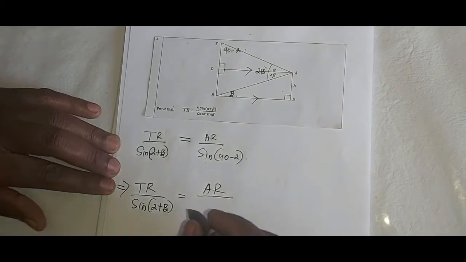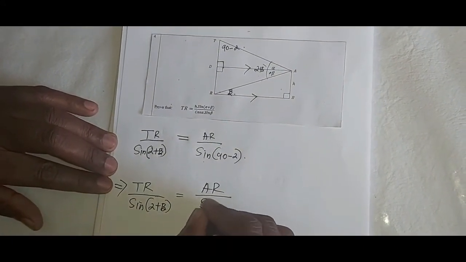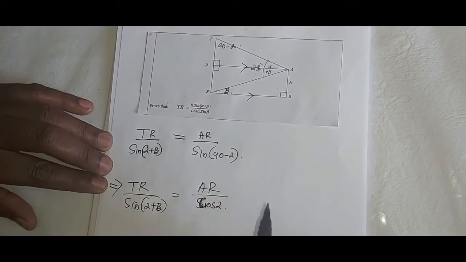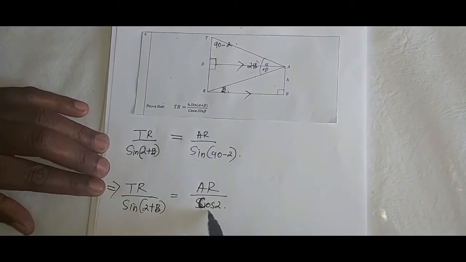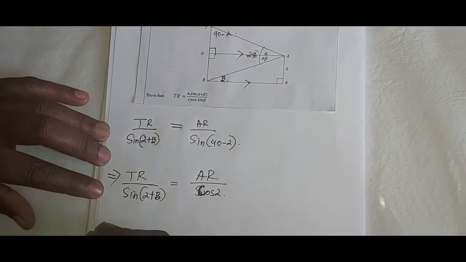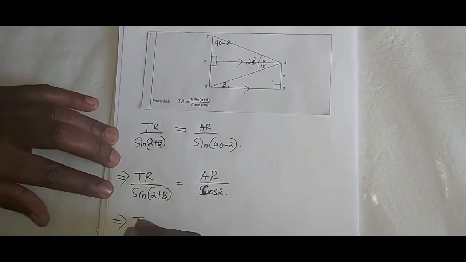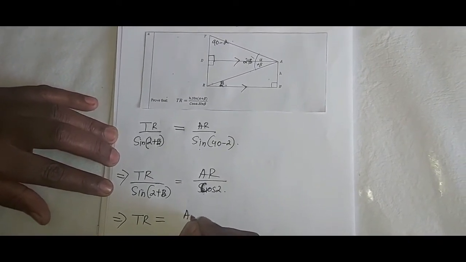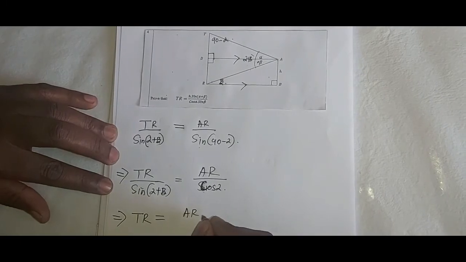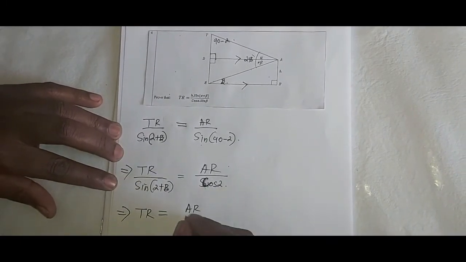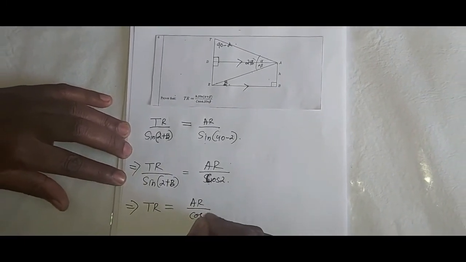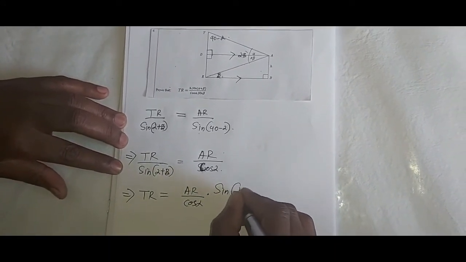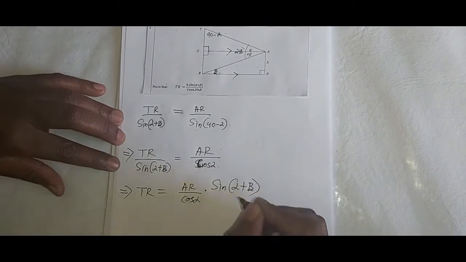Sine 90 minus alpha is equal to, in this case, not sine, but cos of alpha, which implies that TR is equal to AR, I'm now cross multiplying there, AR over cos alpha multiplied by sine of alpha plus beta.